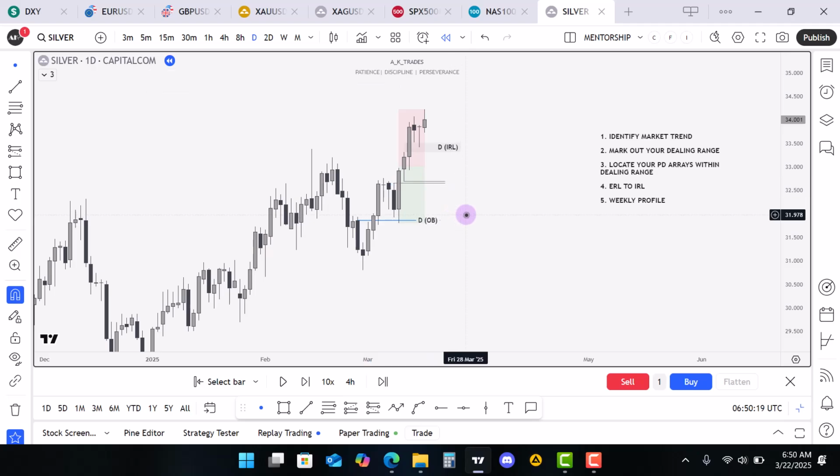So long as it fits into the right conditions, it may serve as our key point that markets may react to. So we mark that one also out.